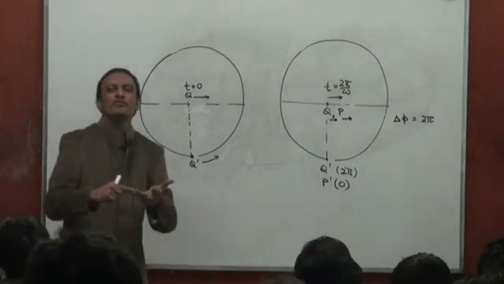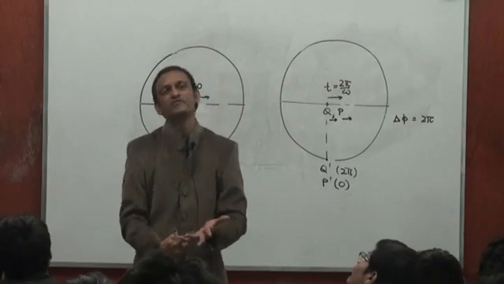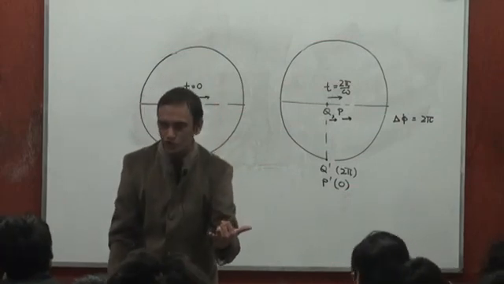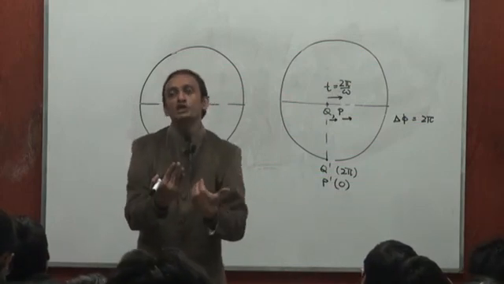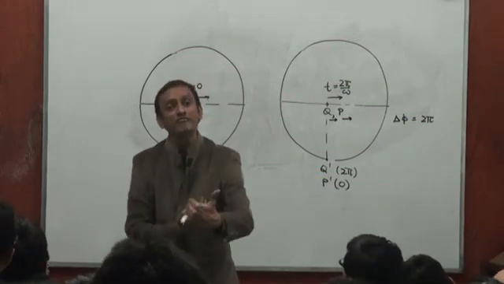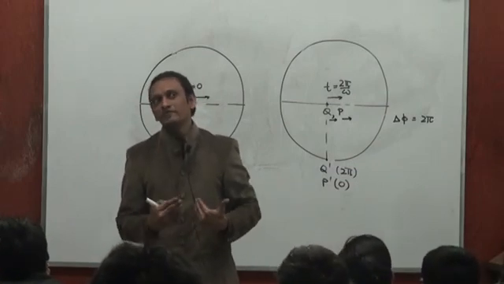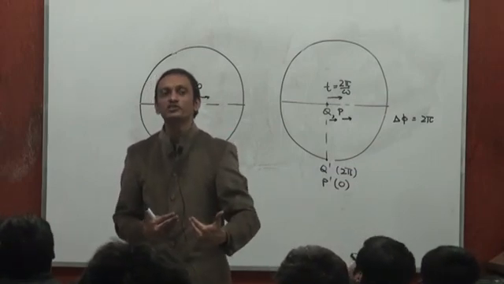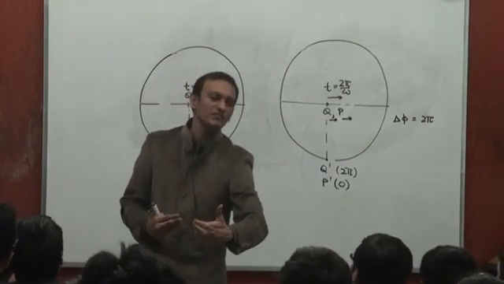Which means, a phase difference of 0 is the same as a phase difference of 2 pi between two oscillators. Between two identical oscillations, a phase difference 0 is synonymous with a phase difference of 2 pi. Right? And if the phase difference 0 is synonymous with a phase difference 2 pi, then I can even say that it's the same as a phase difference 4 pi.